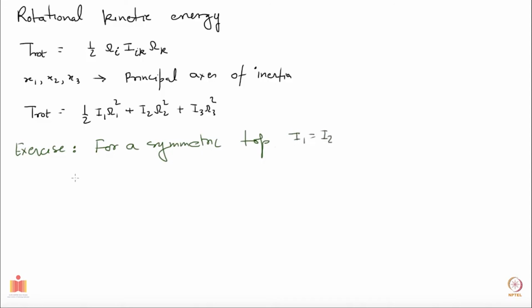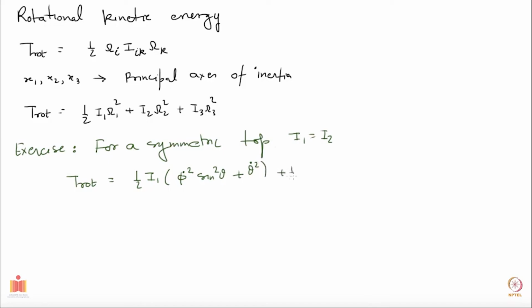show that the rotational kinetic energy is half I1 times phi dot squared sine squared theta plus theta dot squared. These are coming from the I1 and I2 terms.